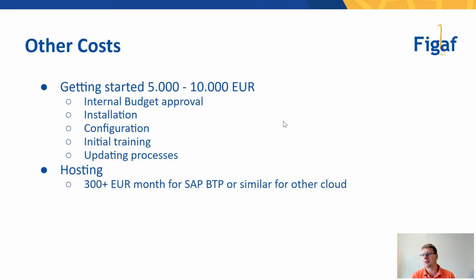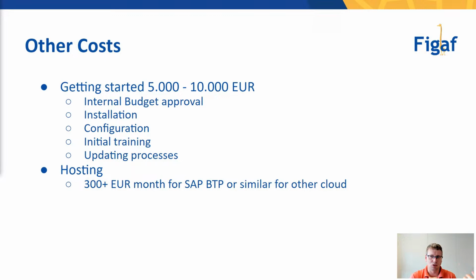Another point, obviously, there's some other costs. There's getting started costs, as with all platforms. You need to find out how this would work. Normally, we say like 5,000 to 10,000 euros should get you started. This is both getting internal approval, and it's about installing, configuring, training, and updating.